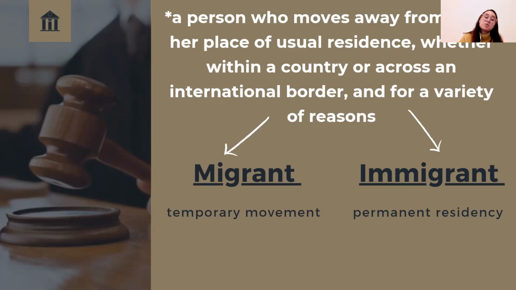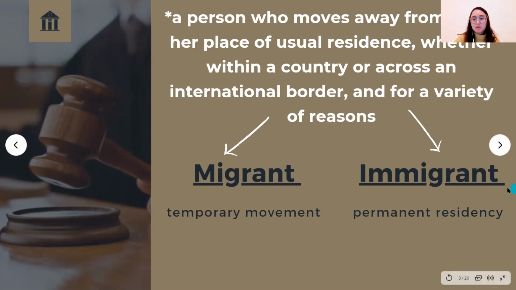The differentiation between migrant and immigrant is not a clear legal definition, but the terms are basically used so that migrant is used for temporary movements, and immigrant is used for permanent residency.